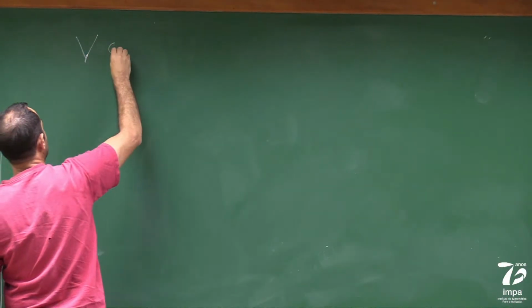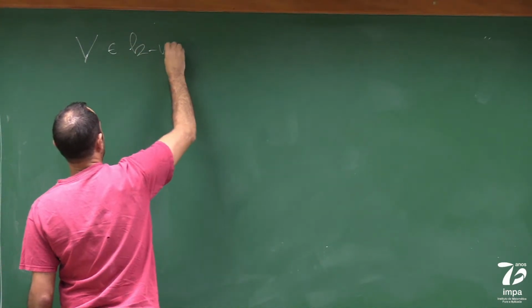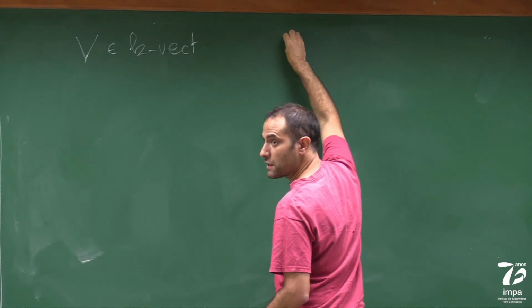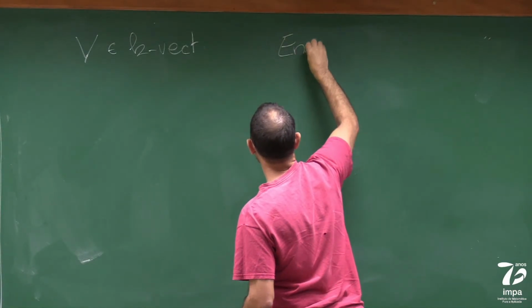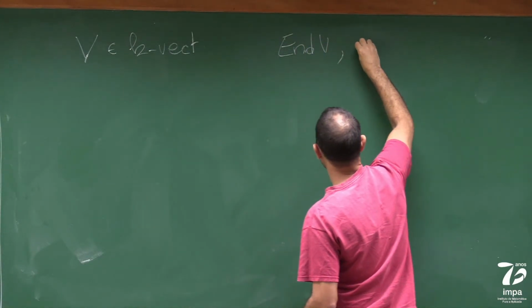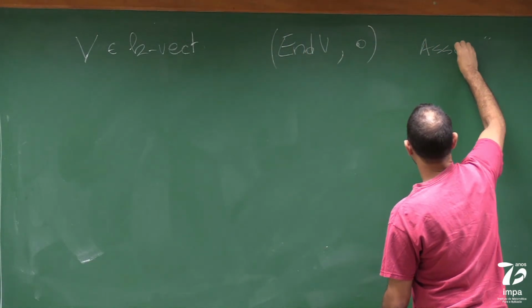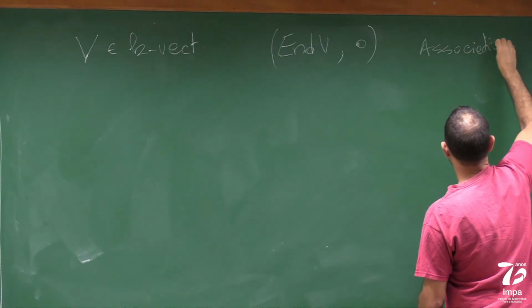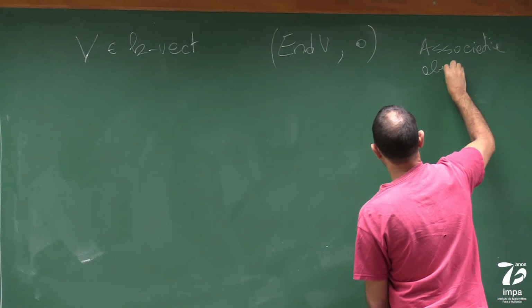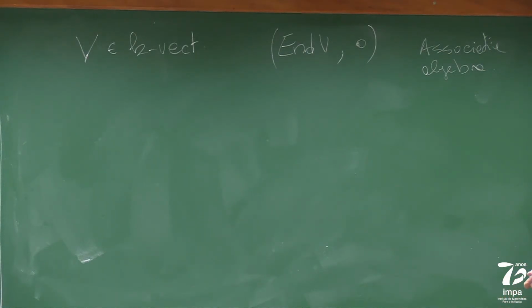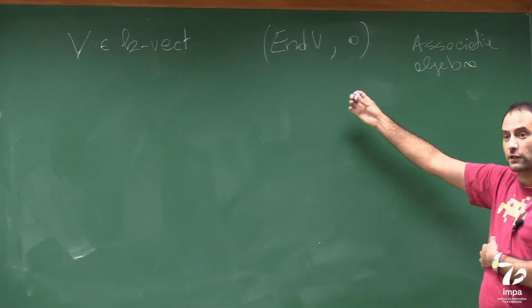So if V is a vector space, then you have an associative algebra, which is the endomorphisms of V, with the composition. This is an associative algebra. The composition of endomorphisms of a vector space is associative by definition. And you have the identity, which is the identity of the vector space.